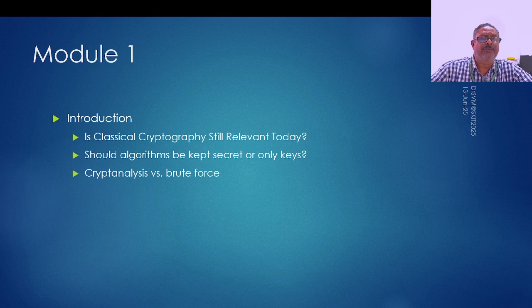So in all, we have 5 modules in this subject. Let's briefly look at what each module consists of. In the first module we have an introduction, which talks about classical cryptography, which was used earlier and is still relevant today.